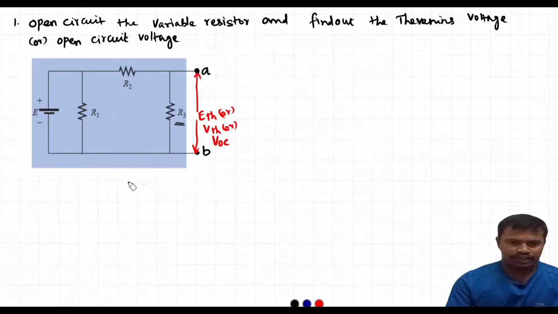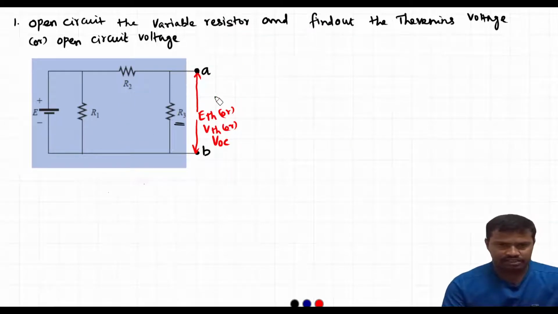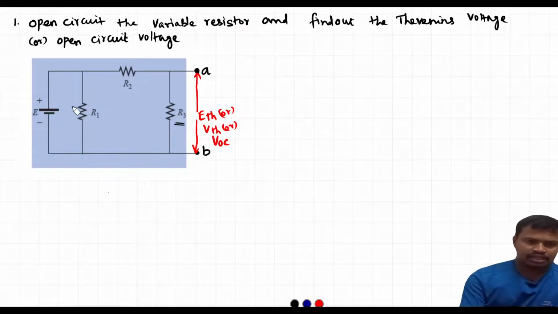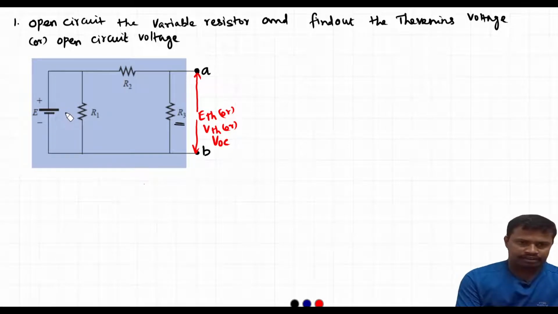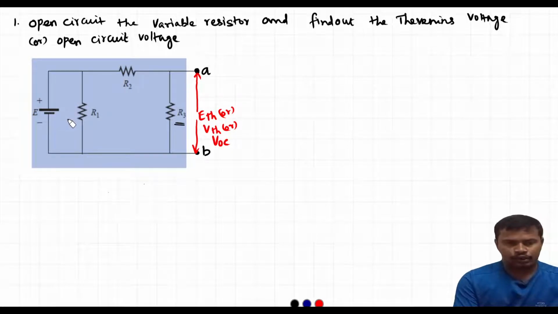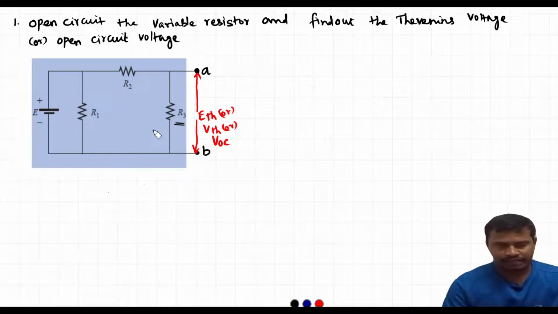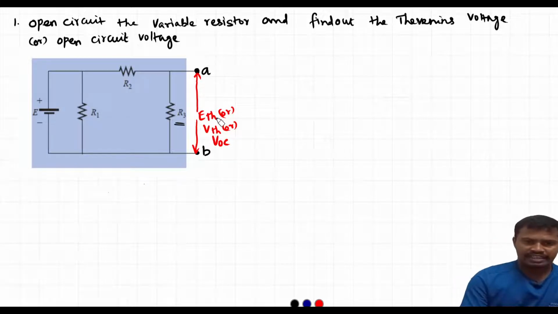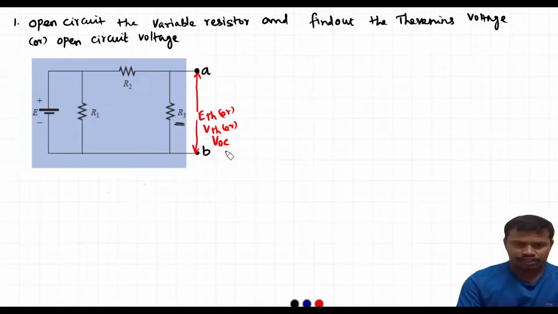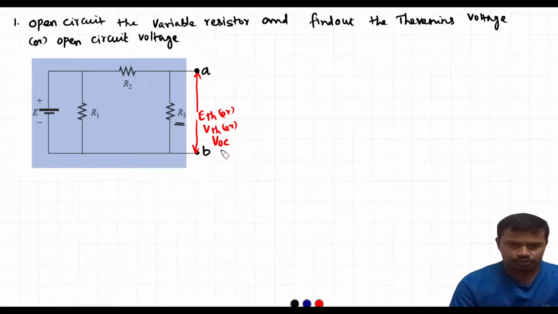Now to find out the voltage across these A and B terminals, we need to apply mesh and nodal analysis so that we can find out the voltage across the R3 resistor, and this voltage value across R3 is equivalent to ETH, VTH, or the open circuit voltage or the Thevenin's voltage.